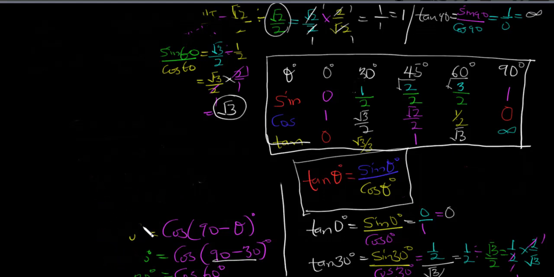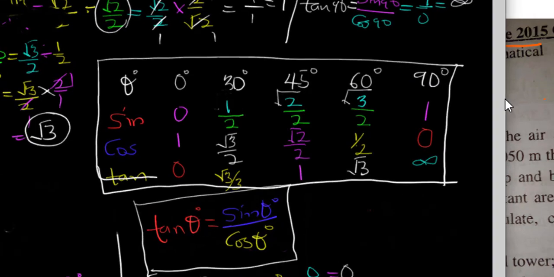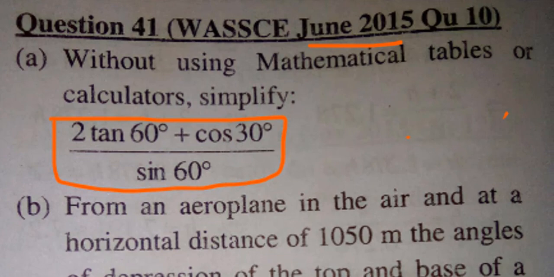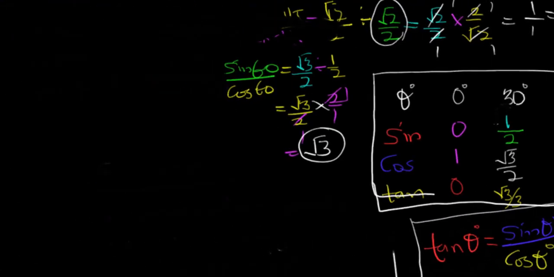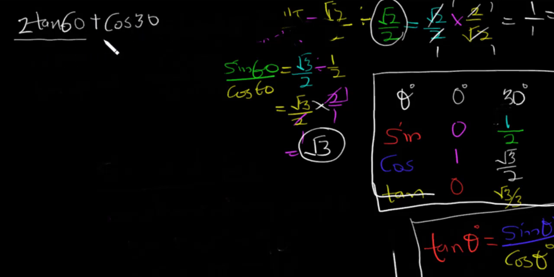All right, so back to the question, and we solve it here. So we have 2 tan 60 degrees plus cos 30 degrees. Let me write it here. 2 tan 60 degrees plus cos 30 degrees, divided by sine 60 degrees. Okay, and we continue.